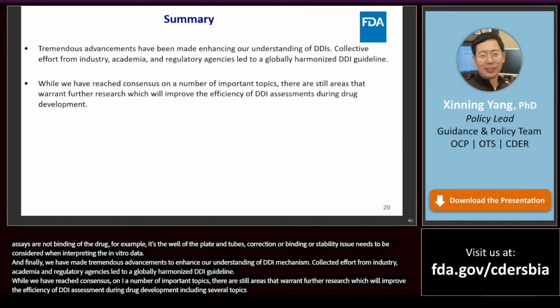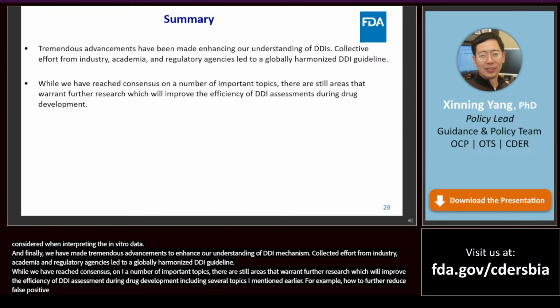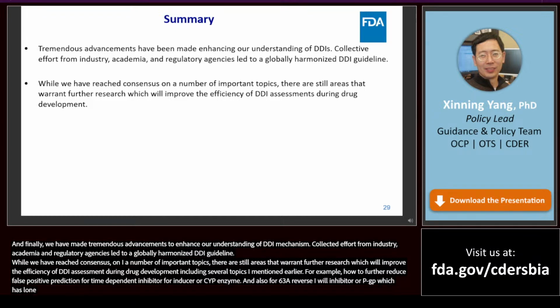For example, how to further reduce false positive prediction for time-dependent inhibitors, for inducers of CYP enzymes, and also for CYP3A reversible inhibitors or P-gp and BCRP inhibitors, which have low solubility, so that the dose divided by 250 milliliters may overestimate their intestinal inhibition concentration.